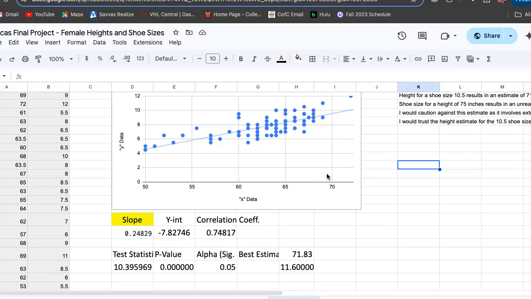Moving on, the slope of the regression line was calculated to be 0.24829, and the y-intercept at negative 7.82746. I was a little confused by that y-intercept, but I think it works out, and the line of best fit seems to work.